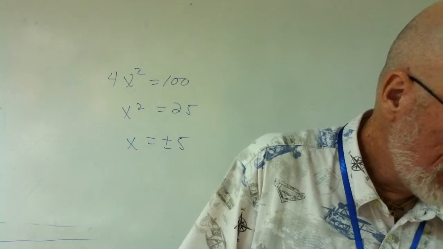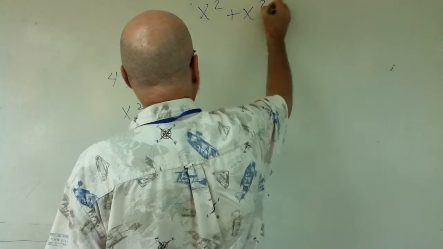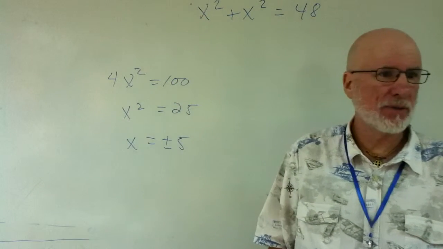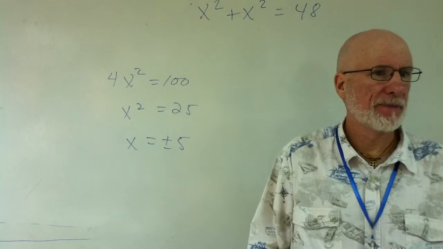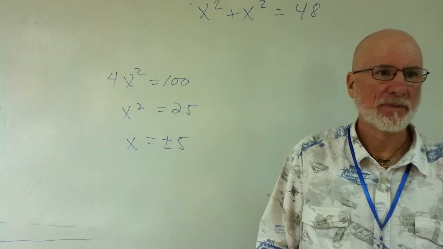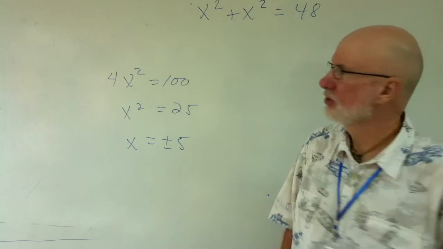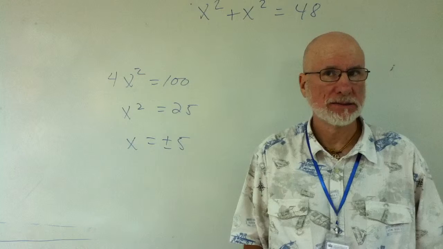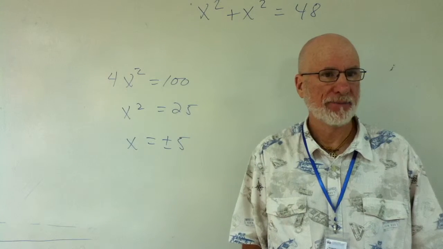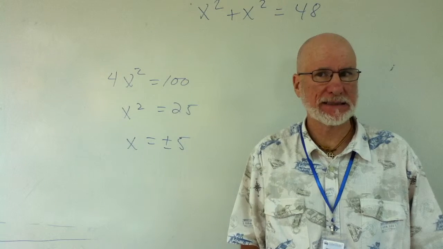Let's see. It's kind of interesting. X squared plus x squared equals 48. So what's the left side? What do we put for the left side? X. No. 2x.